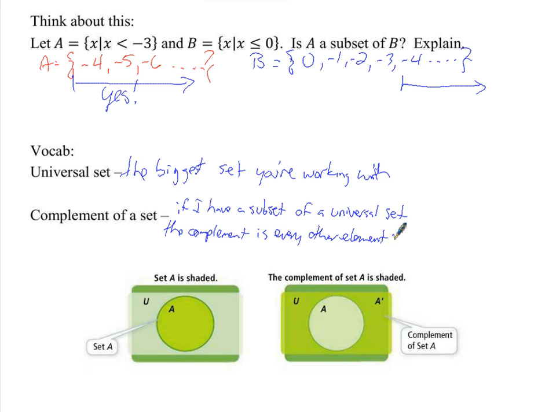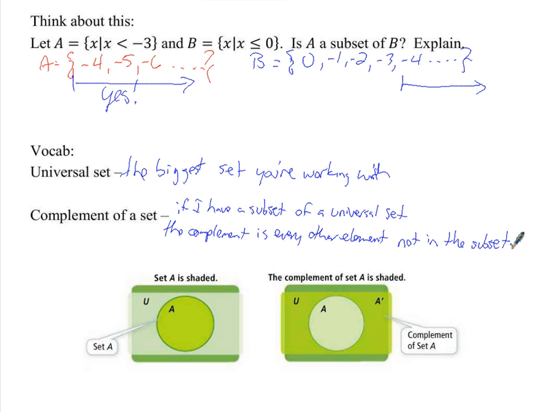Every other element not in the subset. So I have a universal set. My subset is the rational numbers. The universal set was the real numbers. The subset would be the rational numbers. Then the complement would be everything else that makes up the universal set, which in our case would be the irrational numbers.